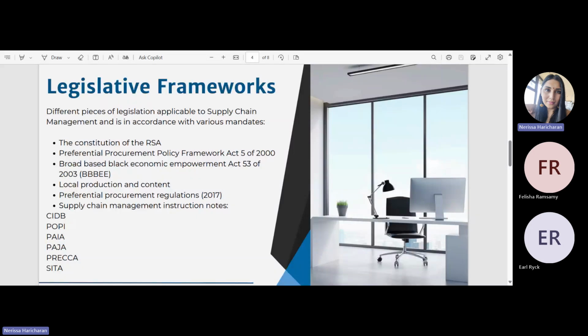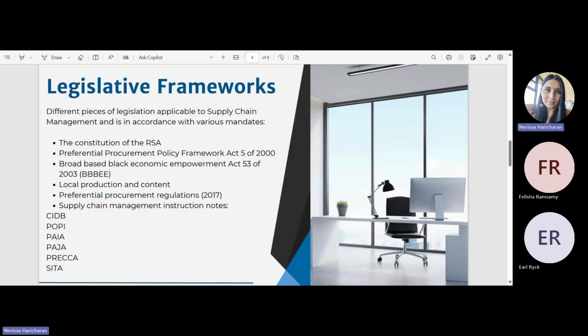Then you have the Preferential Procurement Policy Framework, the PPPFA, Act 5 of 2000. This gives you a legal framework for when you want to implement preferential procurement, whether you want to do a points-based system.